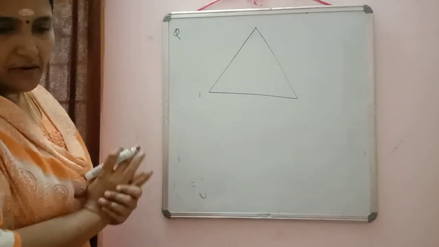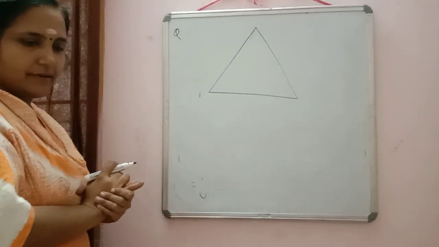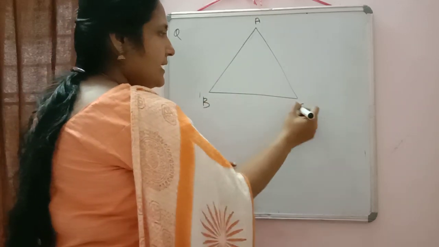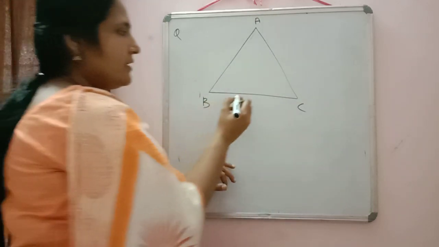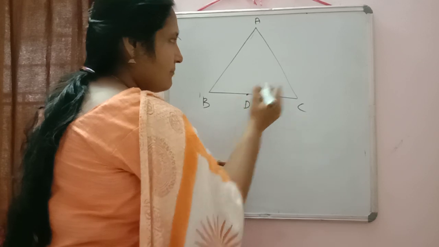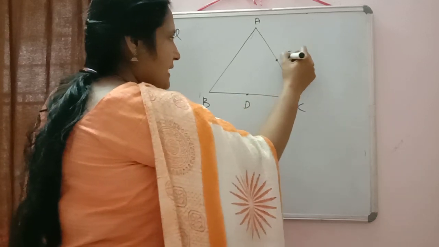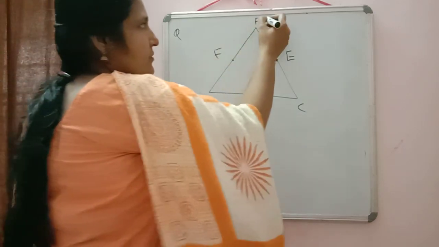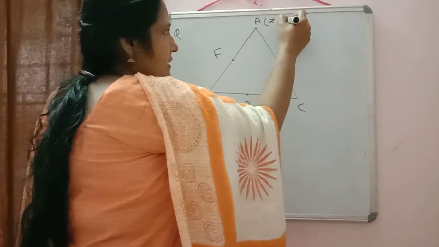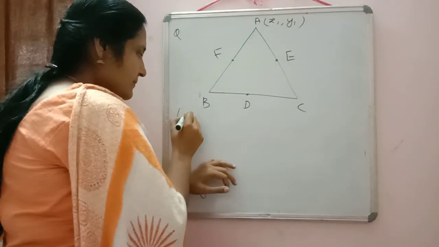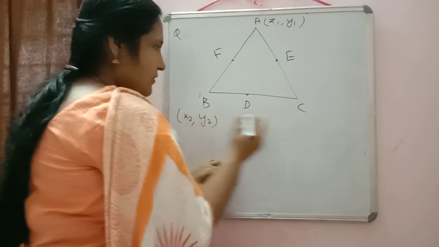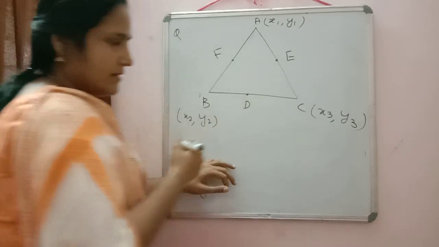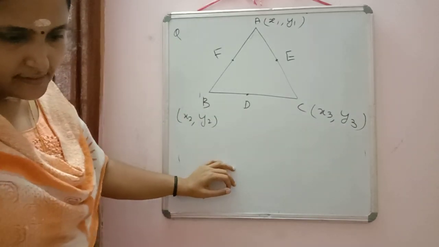If the coordinates of the midpoints of the sides of a triangle are given, so the coordinates of ABC are not given, the coordinates of the midpoints are given. So I am marking the midpoints as D, E and F.